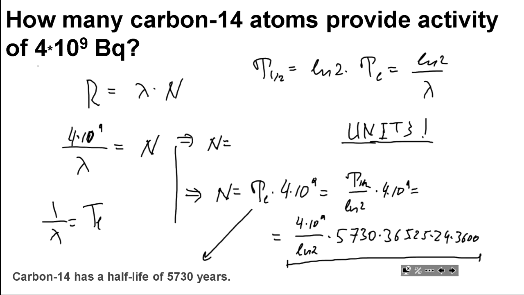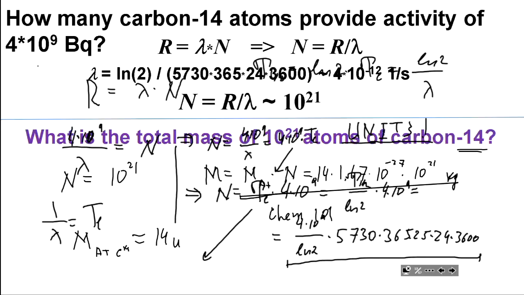For N, what I found is, my brain thinks it's Friday already. N, no, everything is correct. N is equal to 4 times 10 to the 9th over lambda, which is 4 times 10 to the 9th times lifetime. And that's what I did here. No, everything's right. Good brain.